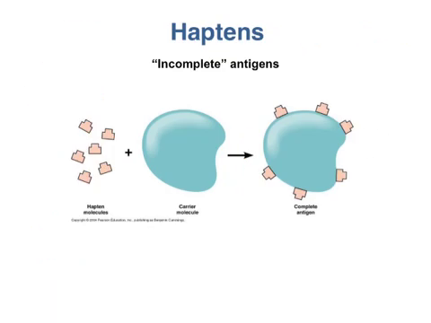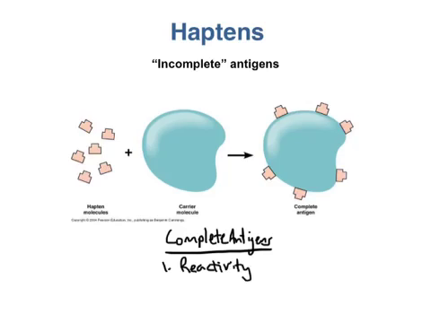Large antigens with a number of epitopes, and sometimes repeating epitopes, are called complete antigens. And complete antigens have two key characteristics. The first is they have reactivity, and that just means that they can interact with activated lymphocytes and antibodies. That means that they can be recognized by B cells and T cells and antibodies.